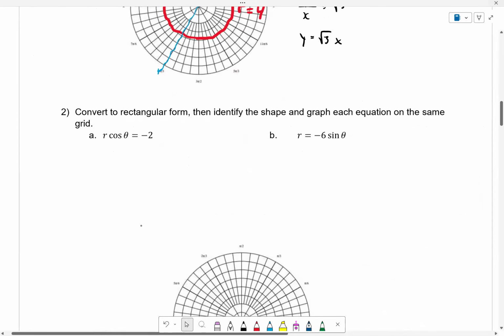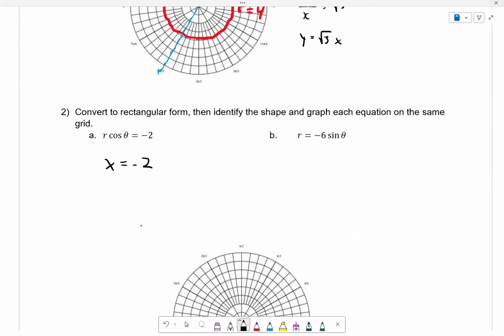Convert to rectangular form, then identify the shape and graph each equation on the same grid. Okay, for A, I do that r cosine theta section. Is that x? Is that true? X is equal to r cosine theta? So I could just rewrite this as x equals -2.